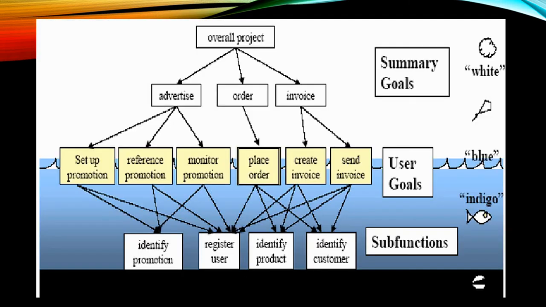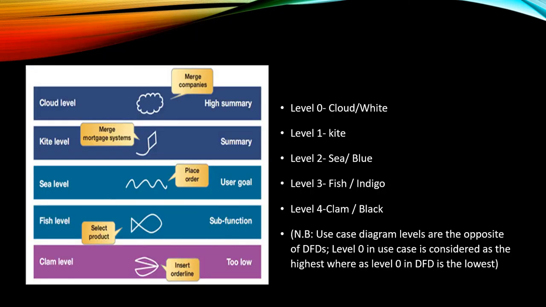You can see this example here. At the white level, you have the overall project. At the kite level, you have to advertise, order, and invoice. At the blue level, we have to set up promotion, reference promotion, monitor promotion, place order, etc. See here, the highest level is known as level 0.